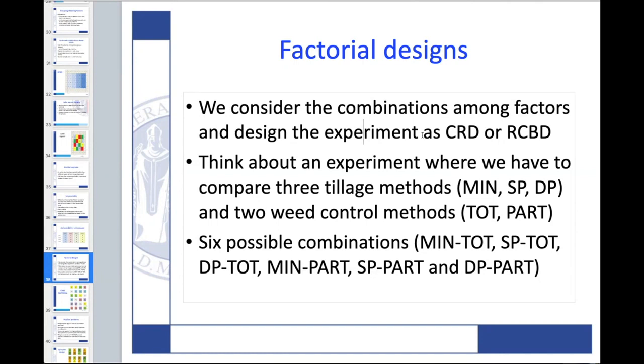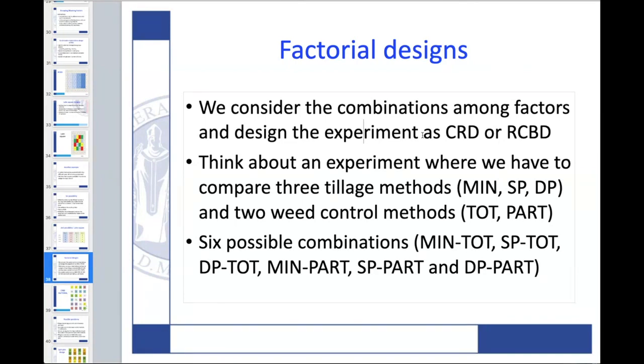So we have 2 factors. The first one has 3 levels, and the second one has 2 levels. Therefore, we have 6 possible combinations. So we have MIN TOT, SP TOT, DP TOT, and then we have MIN PART, SP PART, and DP PART.